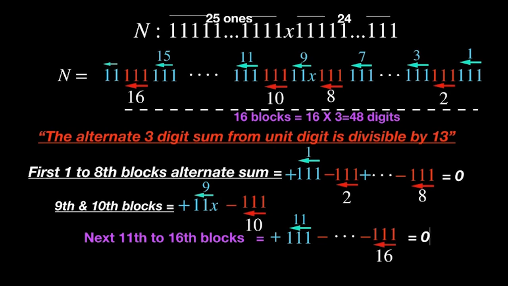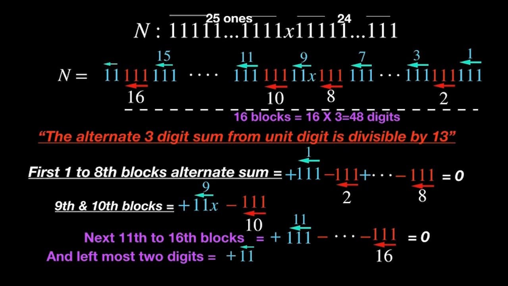So clearly it will give 0, because here also there is an equal number of blue blocks and red blocks. And then the leftmost 2 digits are 11.